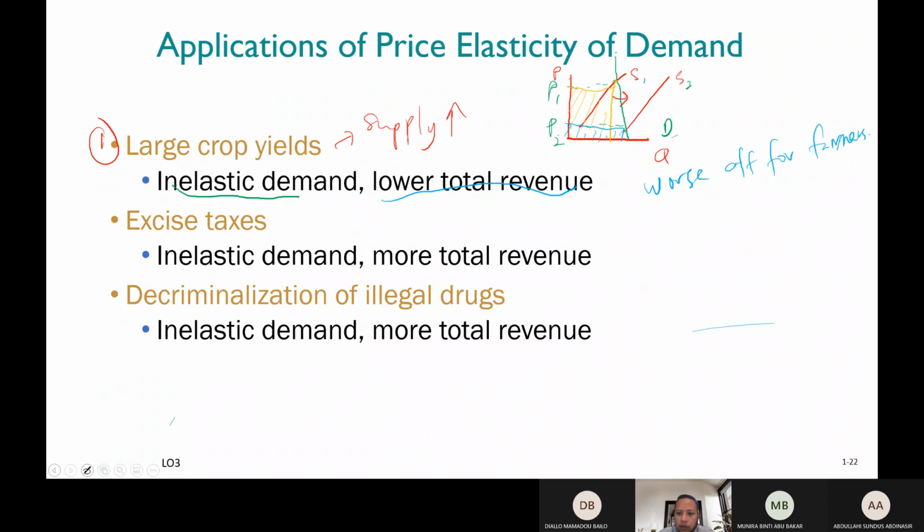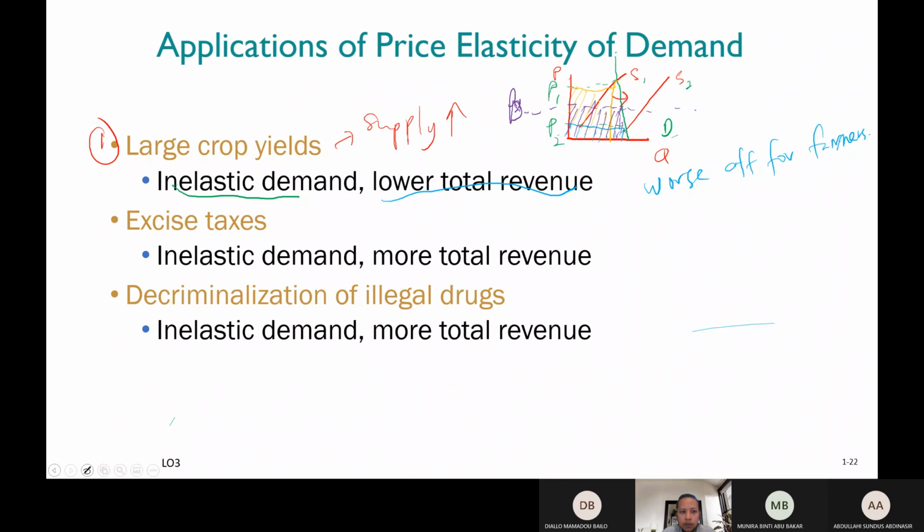To mitigate this, the government can set a floor price, because the price at P2 is too low. So you can't sell at P2, maybe sell at P3 here, the purple part. Then the farmers can sell at the purple area, so it's much better.